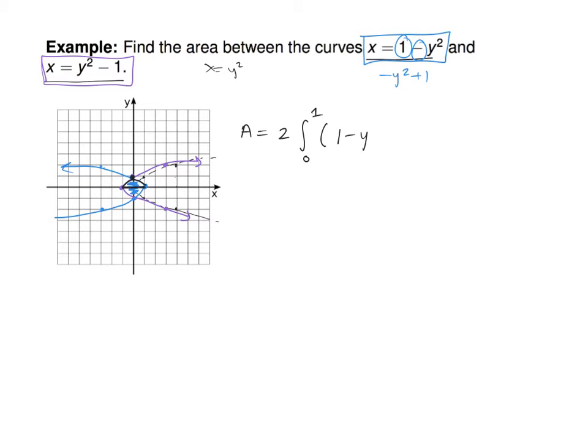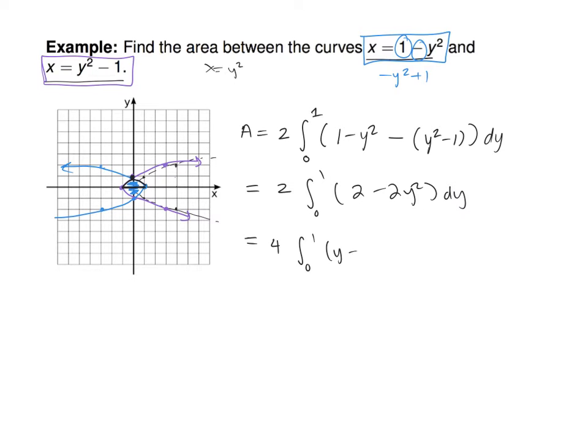Yep, so the 1 minus y squared, minus the lower curve, which is y squared minus 1, gives you twice the integral from 0 to 1. I think that's 2 minus 2y squared. Do you guys agree? Or 4 times the integral from 0 to 1 of 1 minus y squared.